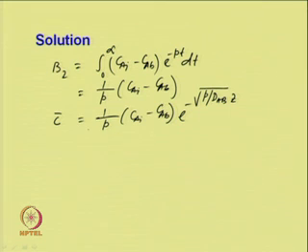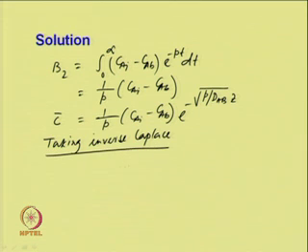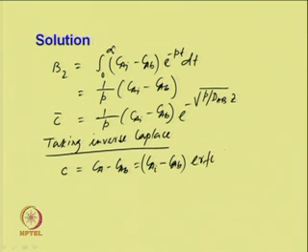So, taking inverse transform, we can obtain C will be equal to C_A minus C_A bulk, is equal to C_AI minus C_AB, into erfc, the complementary error function, of z by 2 root over D_AB t.